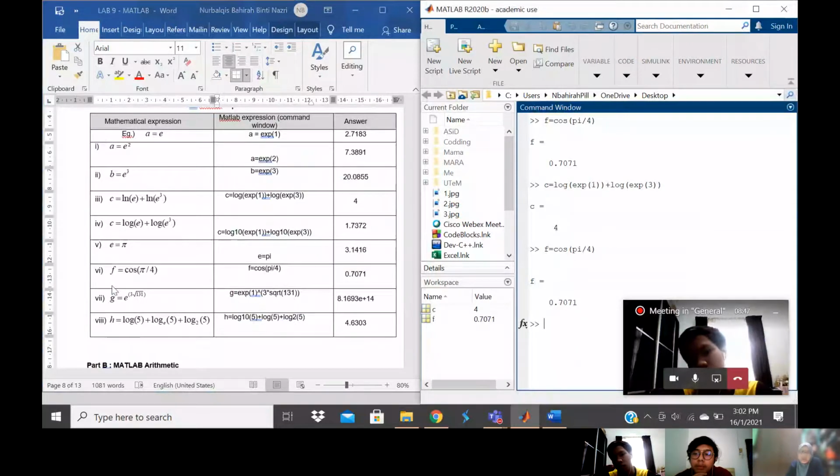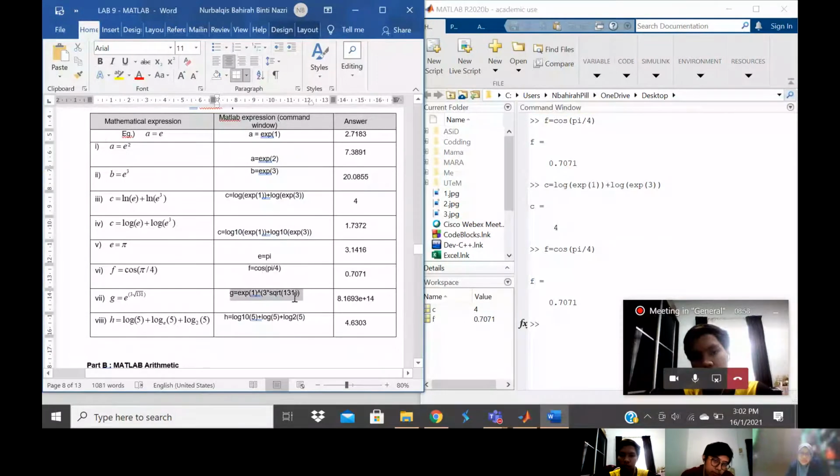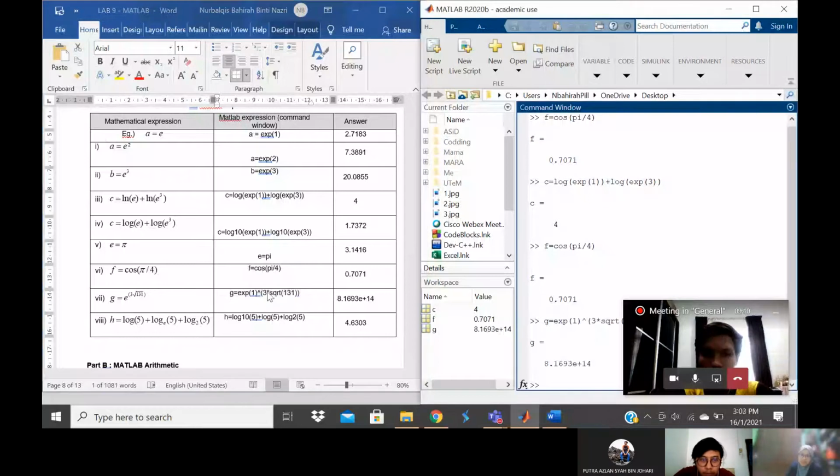For the divide symbol, we're using this slash. For square root, we need to write sqrt. Like this, square root 131. For times, we use the star symbol.